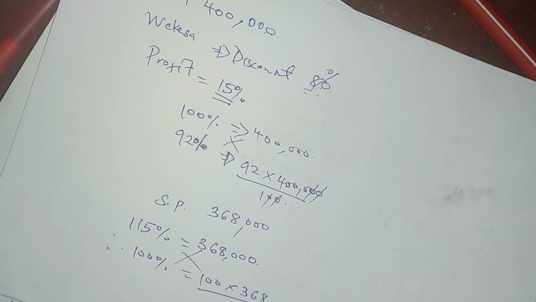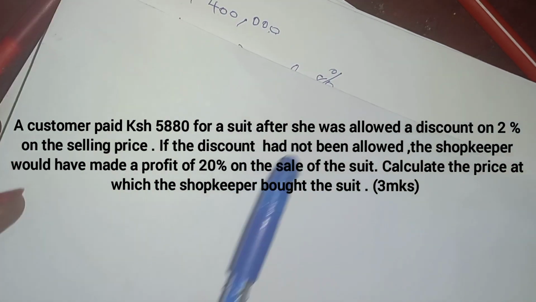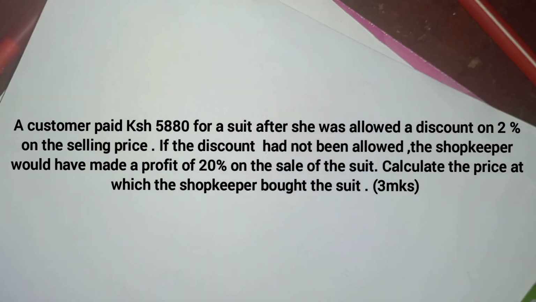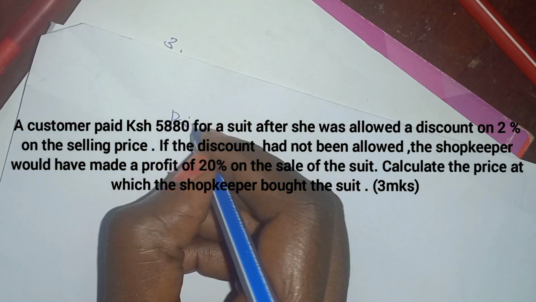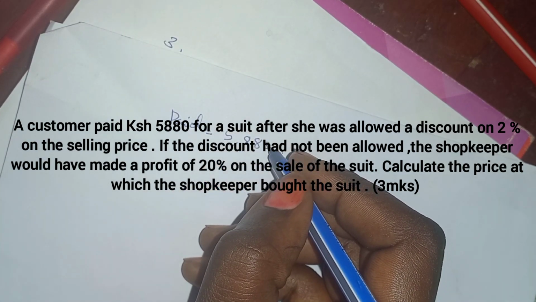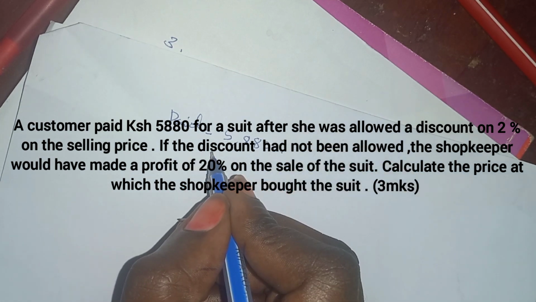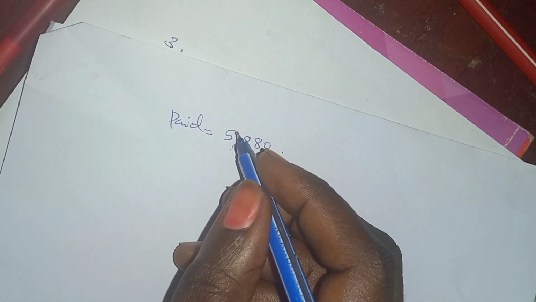Now let's look at number 6. For number 6, you're told that a customer paid 5,880 for a suit after she was allowed a 2% discount.